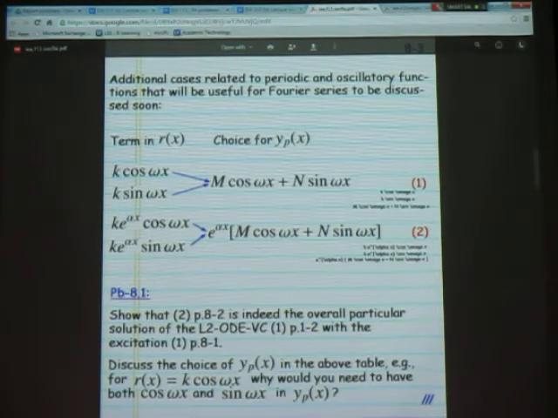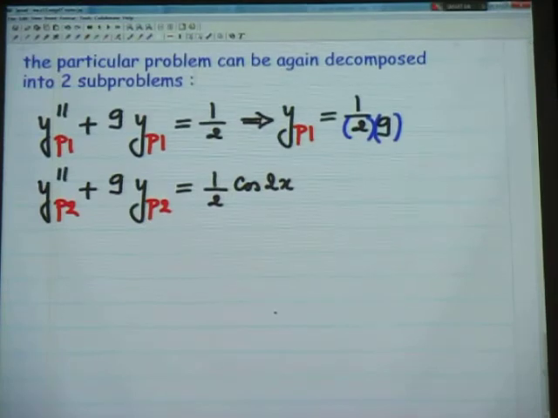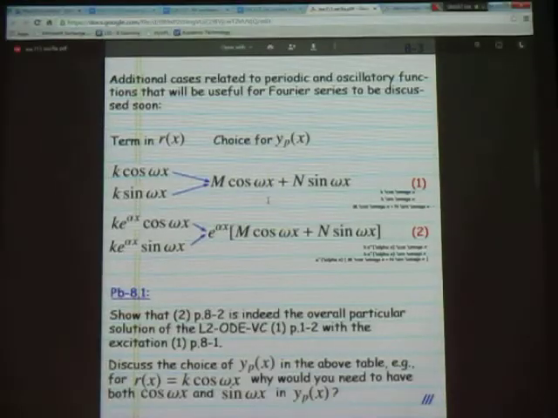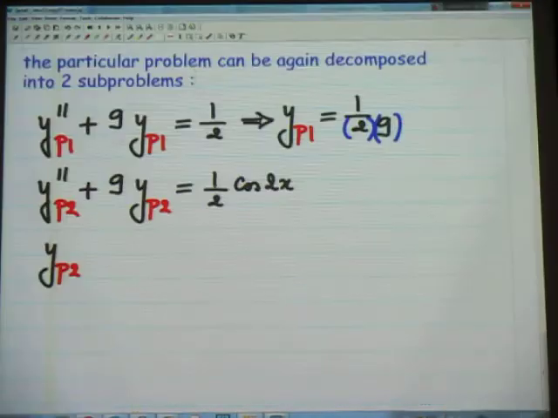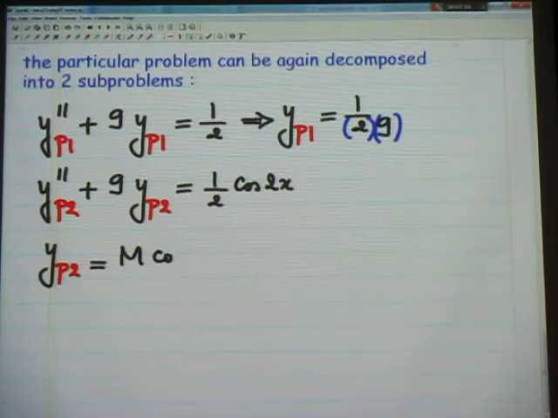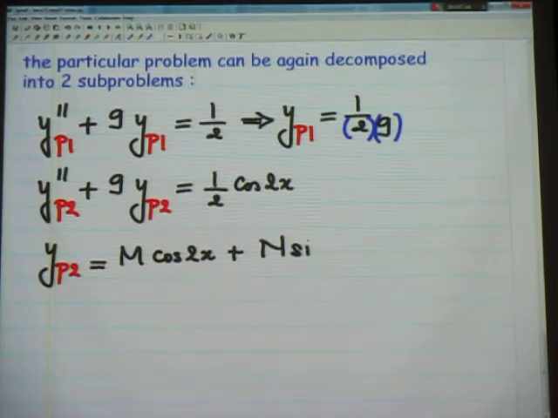So in this problem, the trial solution has to be of the form, if you want, you can use the same unknowns, m and n. So that would be m cosine 2x plus n sine 2x.